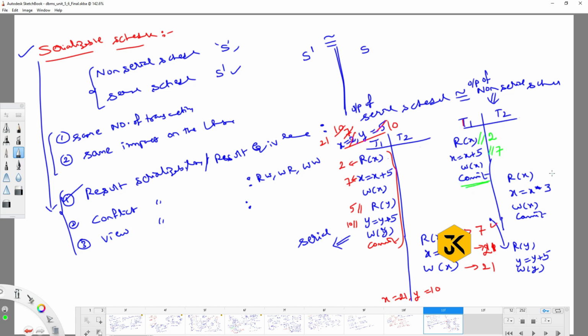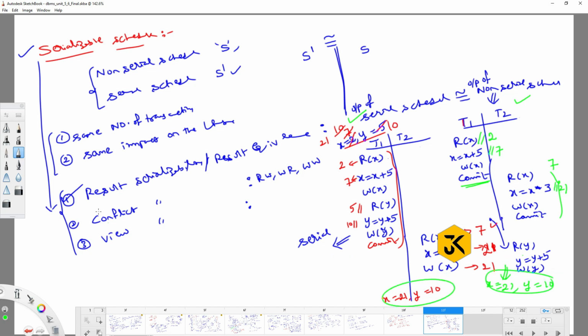Now what about this transaction? Here you are going to get 7, here you are going to get 21. That will be updated globally because of commit. And read of y value is 10, write of y. At the end of these transactions also, x value is again 21, y value is 10. So one is a serial schedule, another one is a non-serial schedule, and the result is equal.